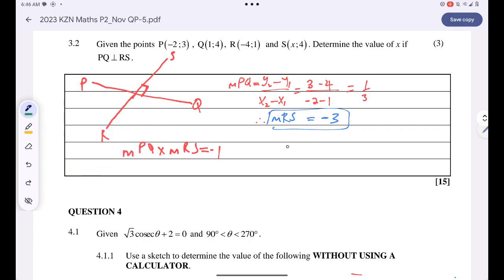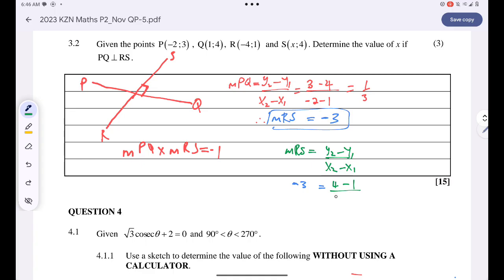But I know that the gradient, M of line SR, is equal to y2 minus y1 over x2 minus x1, right? The gradient is equal to -3. Are you together? And then the y value at point S is 4, and the y value at point R is 1.